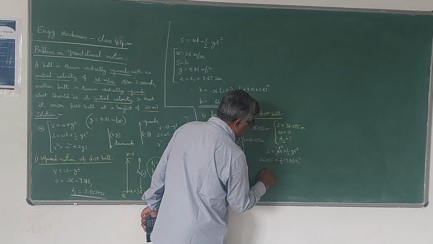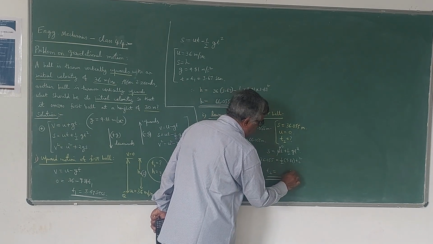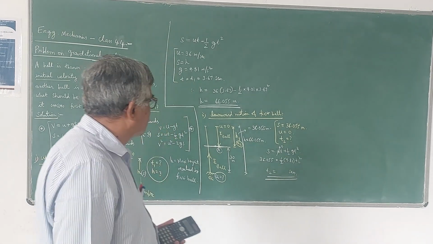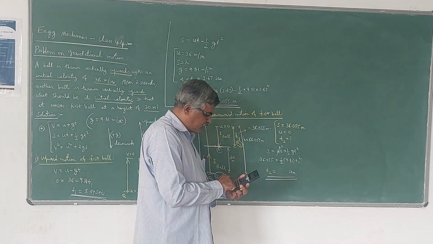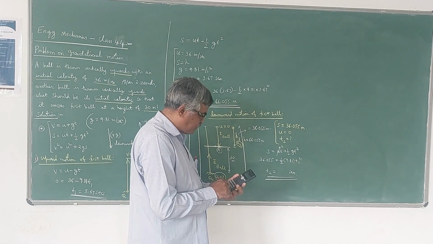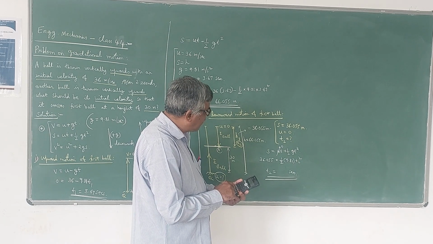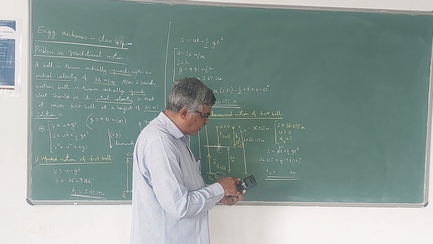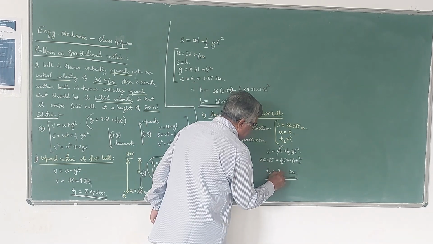From this you can get the value of t2, the time taken by the first ball during its downward motion to cross the second ball. If you simplify this, 36.055 into 2 divided by 9.81, and taking the square root of that, it comes out to be 2.71 seconds.